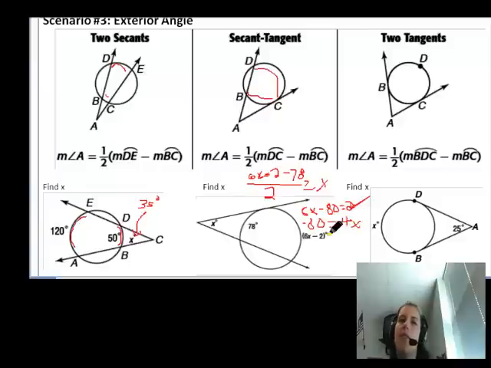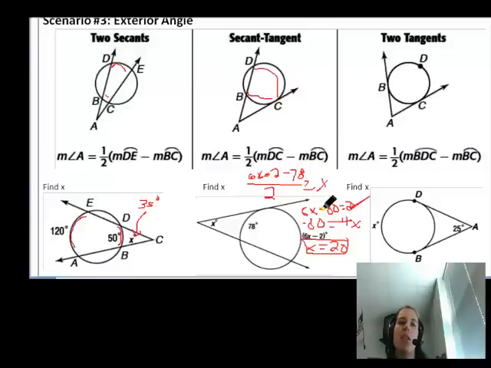Divide both sides by negative 4, and x is 20. Now if I plug that back in, I'll see that it works. 6 times 20 is 120 minus 2, which would be 118, and 118 minus 78 divided by 2 is going to give you that 20 degrees. So it will work out there.